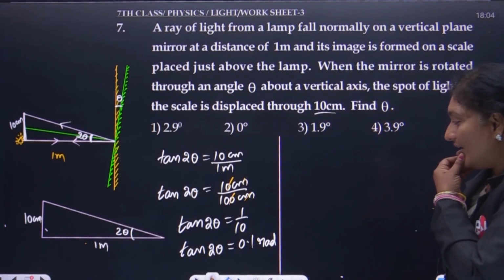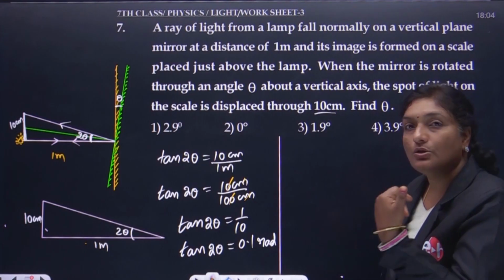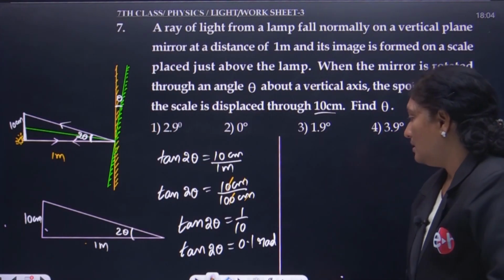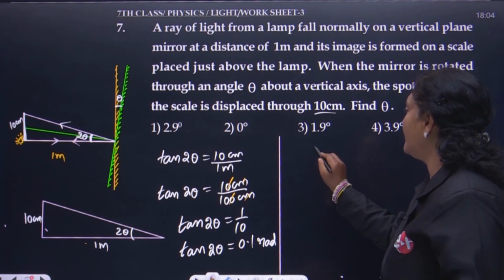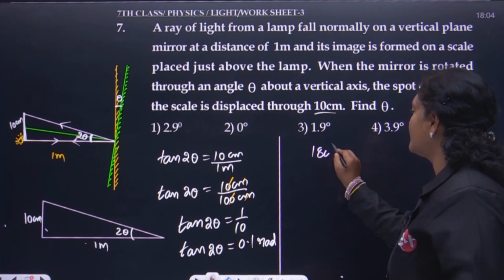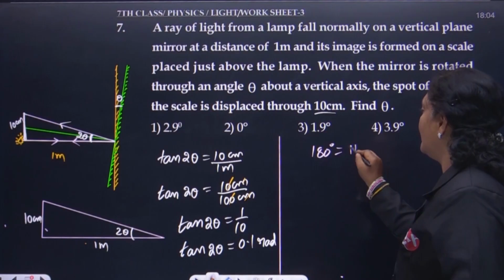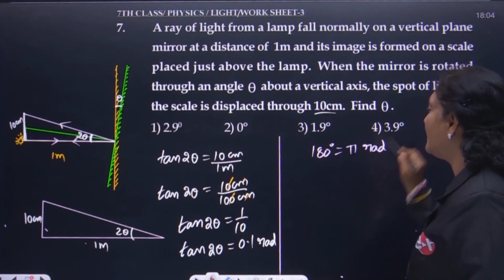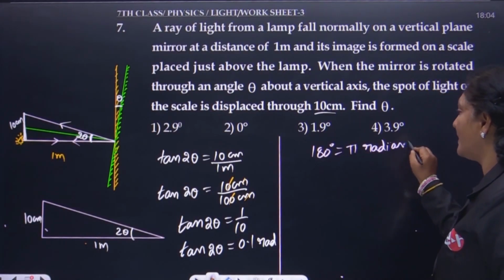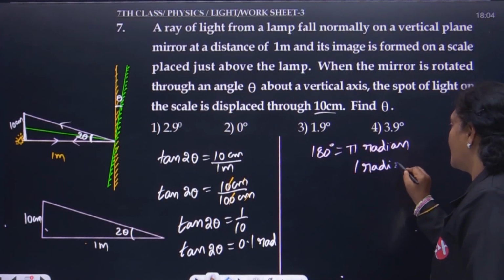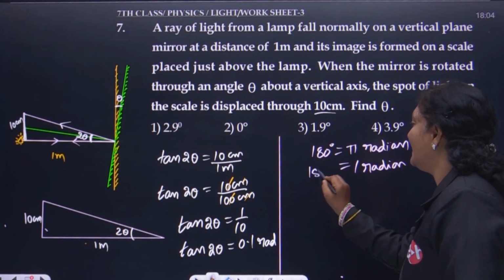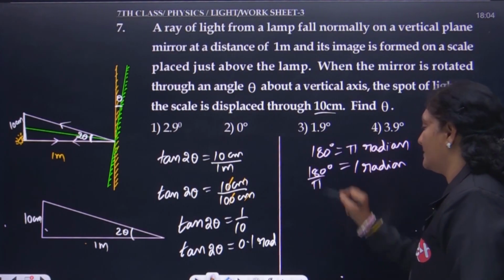If you want to convert radians into degrees, one thing you need to remember is that 180 degrees is equal to pi radians. If 180 degrees is equal to pi radians, then 1 radian must be equal to 180 by pi degrees.